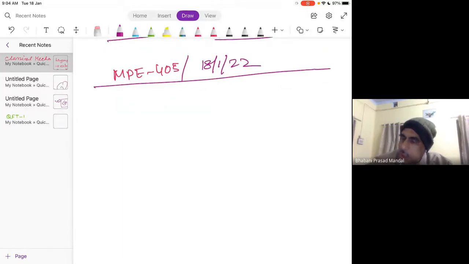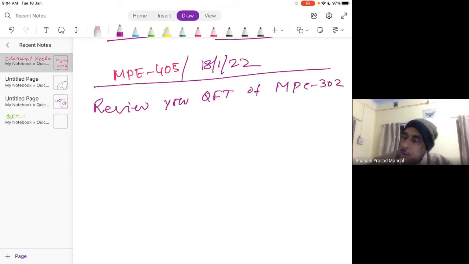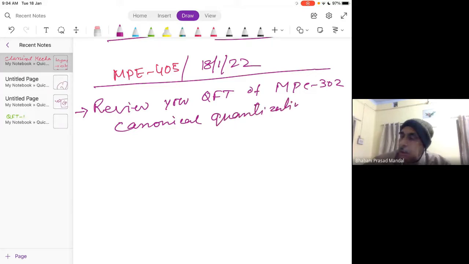In the last class, what I taught you was a review of your quantum mechanics and QFT of the MPC 302 part: what we have learned, what we were supposed to learn there, and basically the canonical quantization and its meaning. We discussed canonical quantization in the review in the last class.